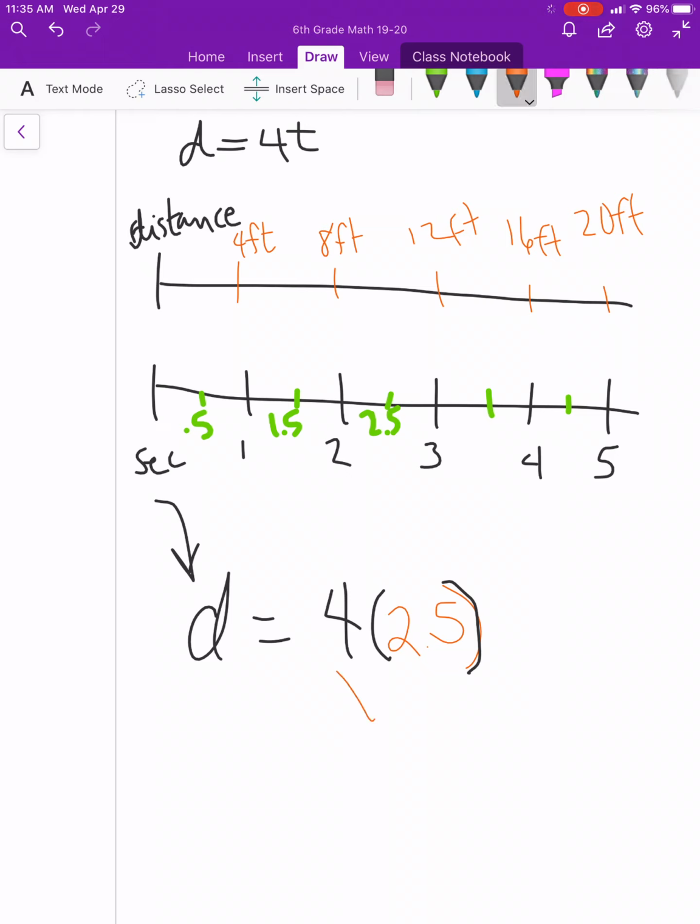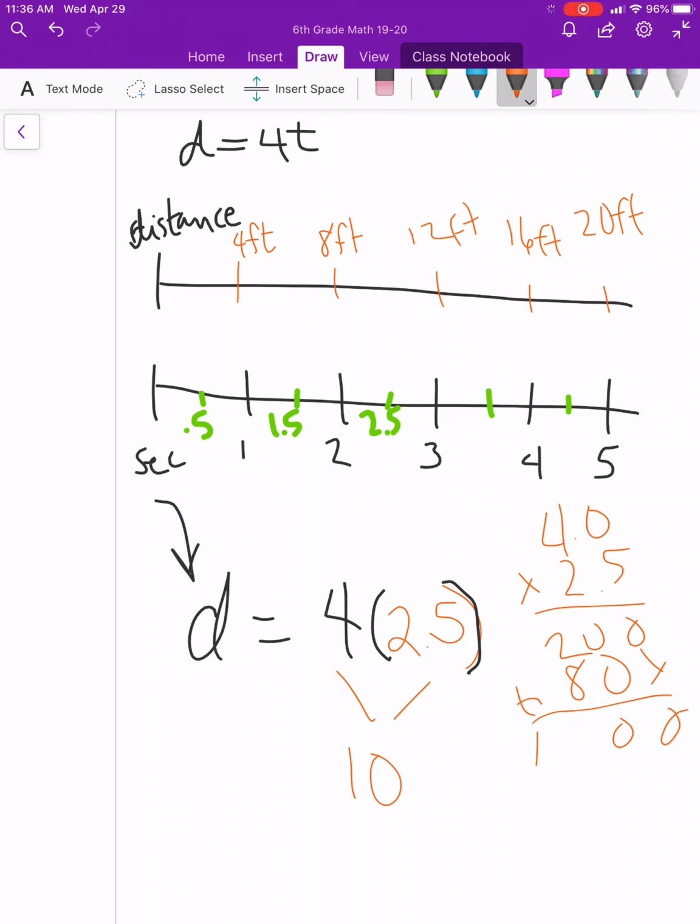Well, 4 times 2.5 is 10. And I know that because 4.0 times 2.5, move my decimal over twice, I'm left with 10, right?